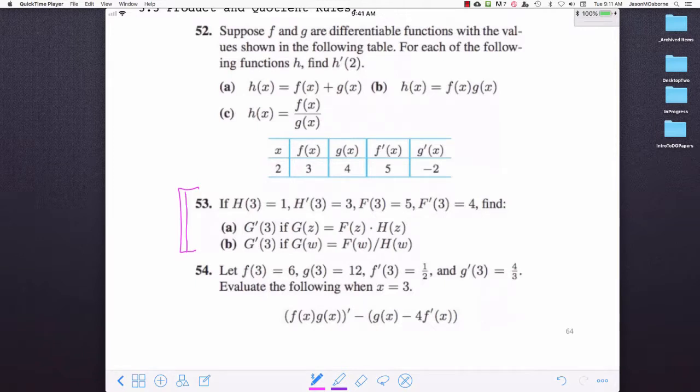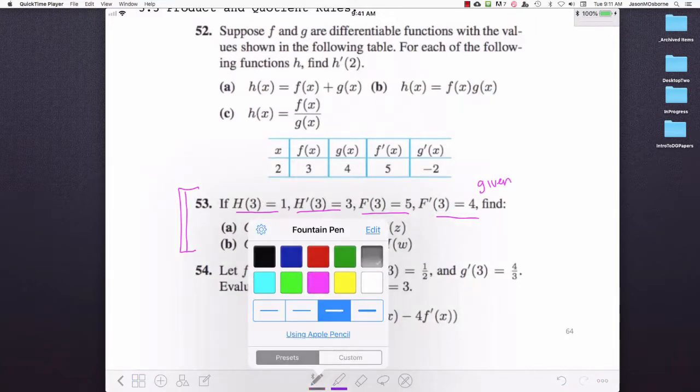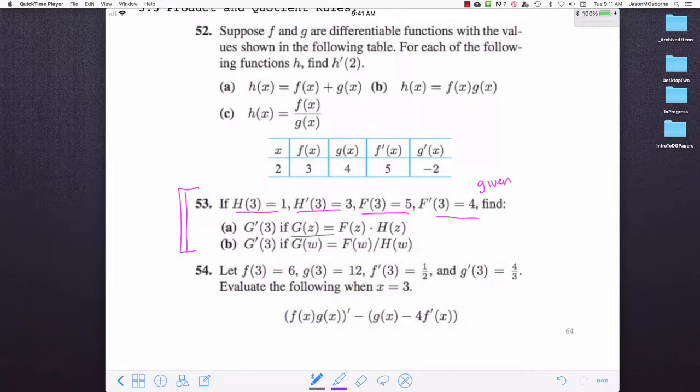Okay, so notice that in this problem number 53, you've been given a lot of information. All this information has been given to you. And you were also told that g of z is f of z times h of z.